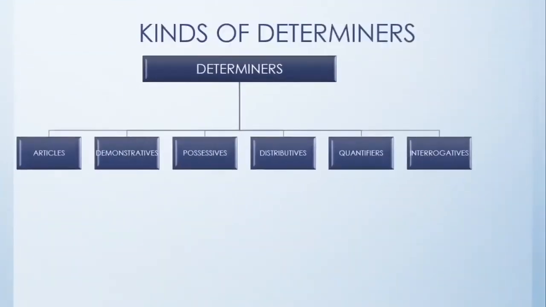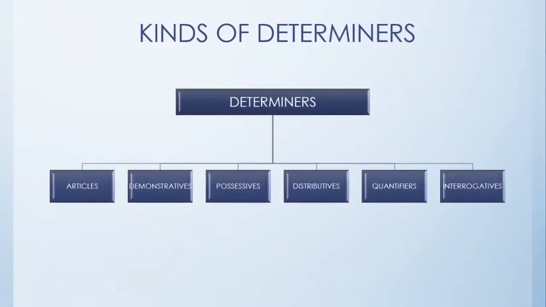We learnt what a determiner is and the differences between adjectives and determiners, and now let's learn the kinds of determiners. Determiners are of six kinds: articles, demonstratives, possessives, distributives, quantifiers, and interrogatives. Articles we all know: a, an, the. This, that, these, those are demonstratives.